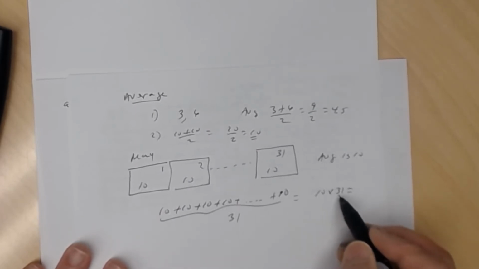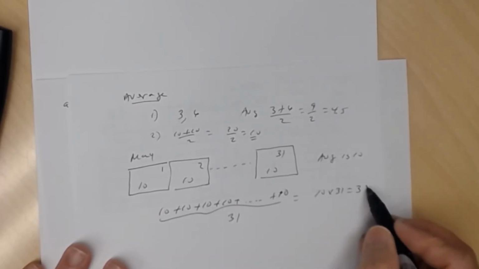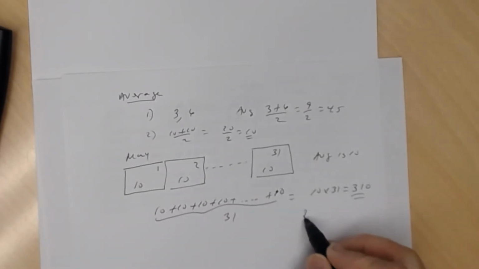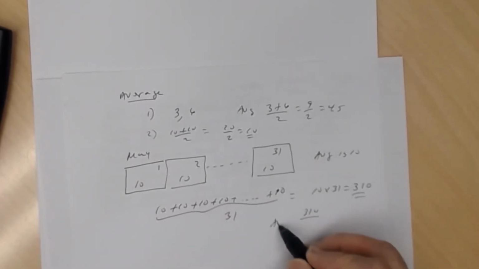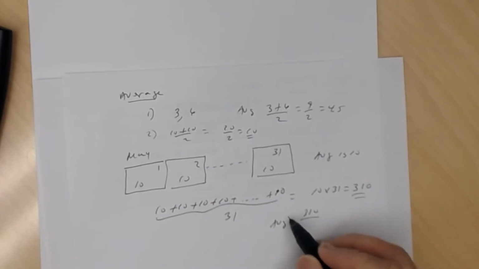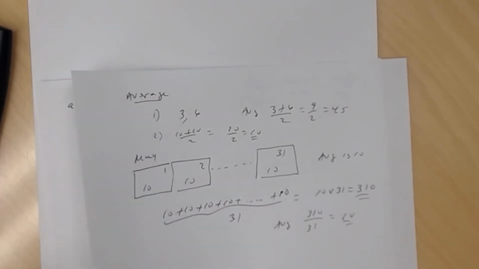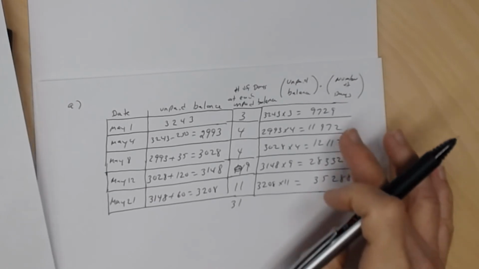So 10 times 31 is going to be 310, right? And then to find the average, you would take 310 divided by 31 days, and that gives you 10. Okay, so that's what we're doing here. That's the purpose of this table right here.